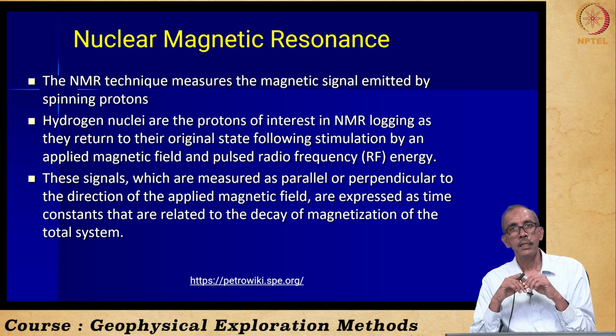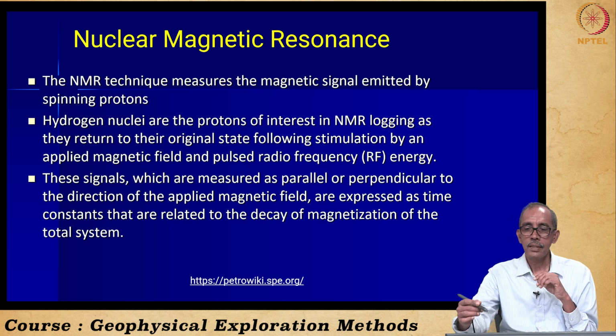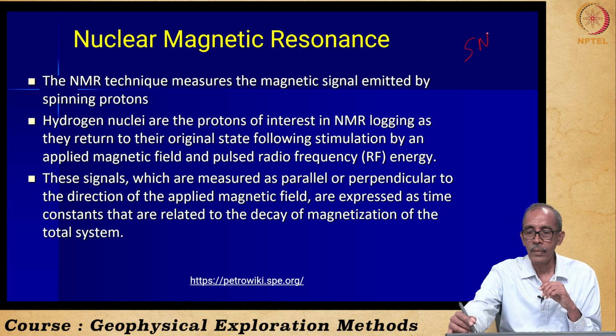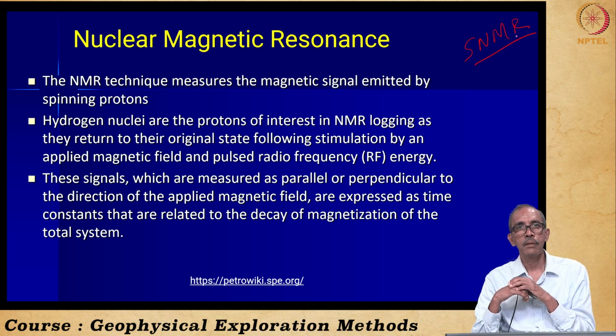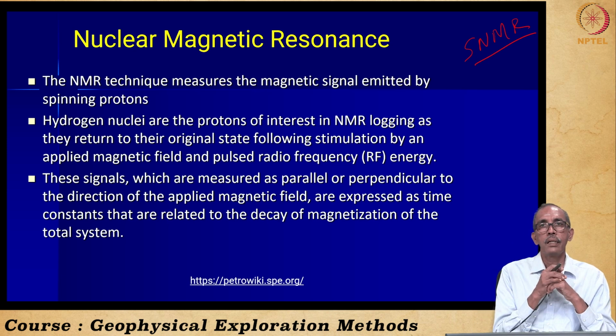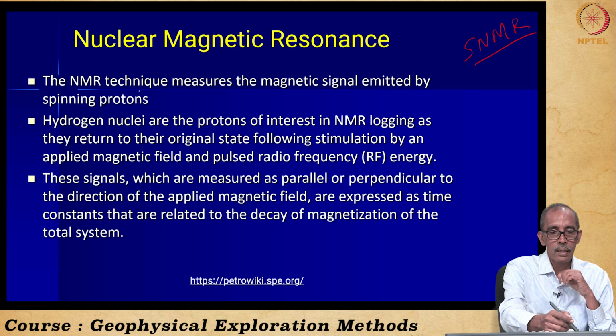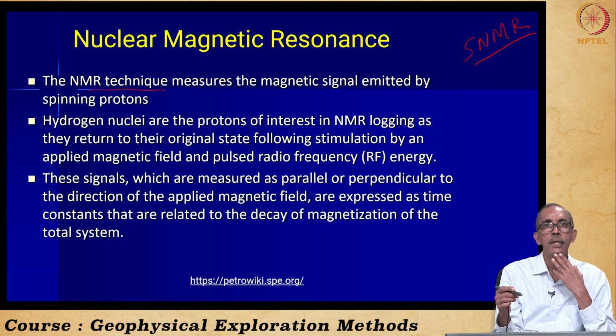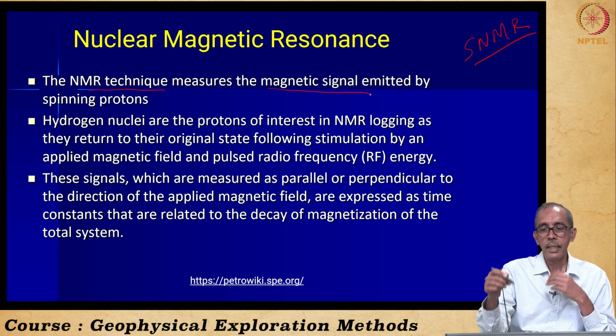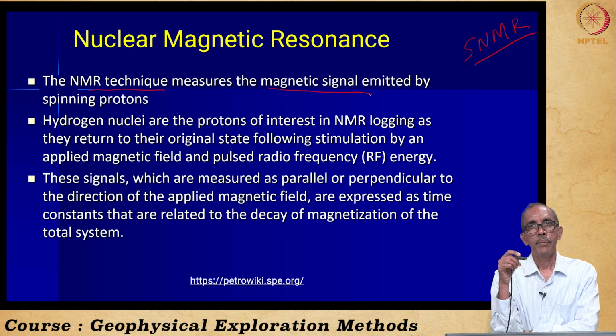Right. And the next is nuclear magnetic resonance logging. Already we had seen SNMR, which is surface nuclear magnetic resonance. We had seen already its application. Here, the same technique is also used in the borehole. So, the NMR technique measures the magnetic signal emitted by spinning protons. Right.